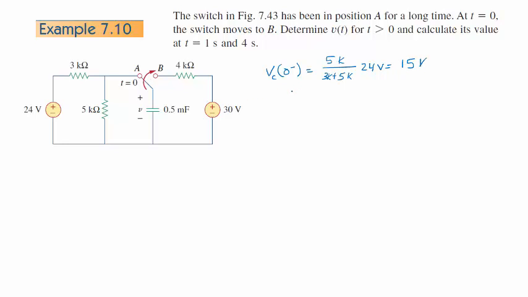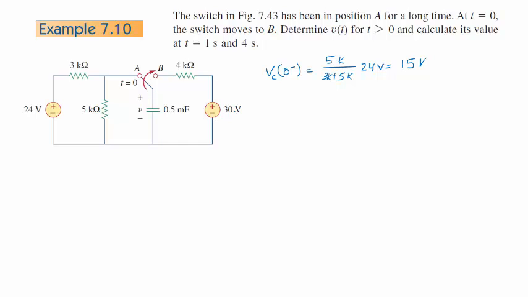Okay, so we know that just before we flip the switch into position B, the capacitor voltage will be 15 volts. Then at t equals 0 we switch the switch, and it's in position B. Once it's in position B, we only have this part of the circuit to consider.